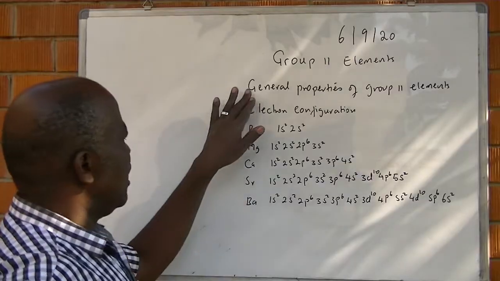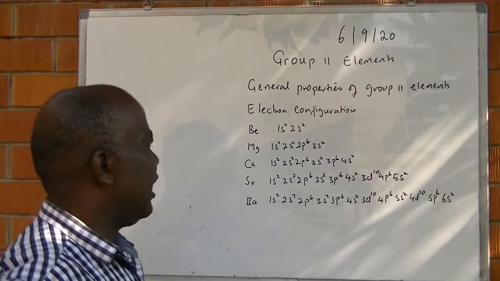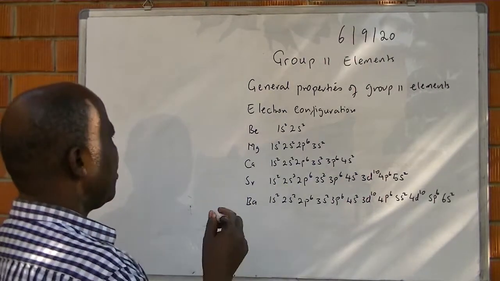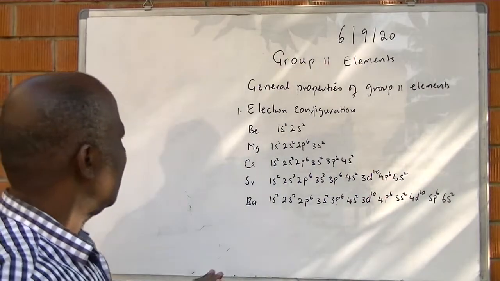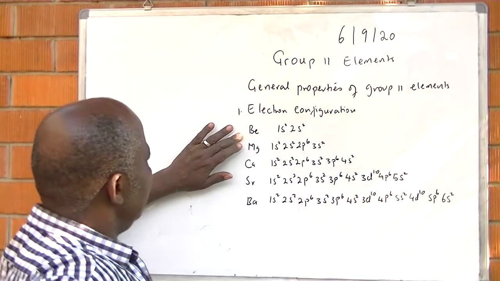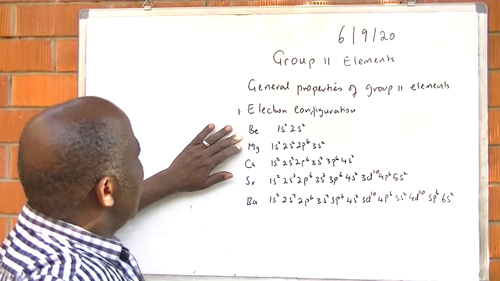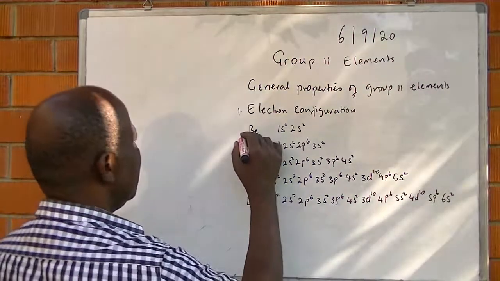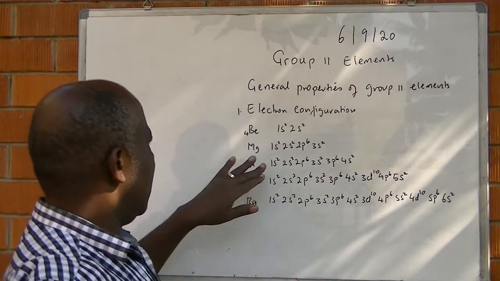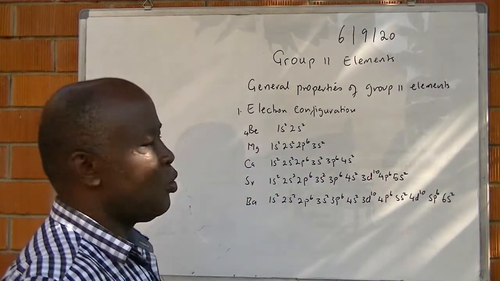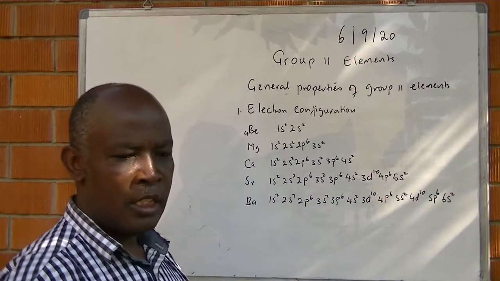General properties of group 2 elements. So when you look at the electron configuration, you can say that beryllium has got 4 electrons, and that is 1s2, 2s2.